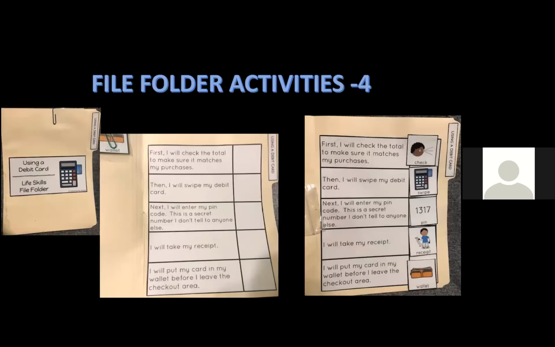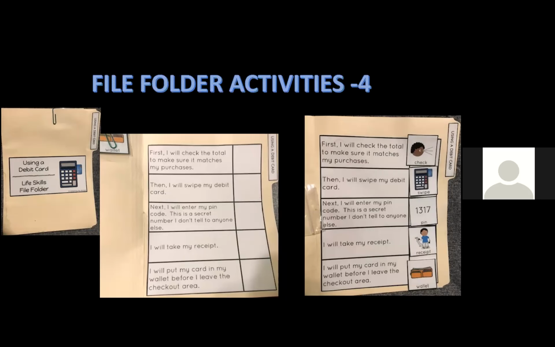Within this, there are also some activities that show steps to how to complete something. This one is using a debit card. There are 5 different steps, and there are pictures to match each step, as a reminder. So maybe you're working with a 16-year-old that needs to learn how to use a debit card. You could talk about the different steps. First, I'm going to check the total to ensure that it matches what I bought.